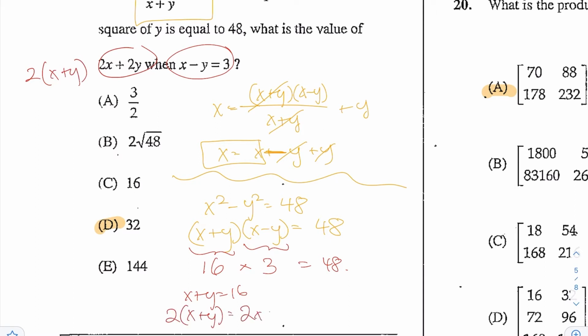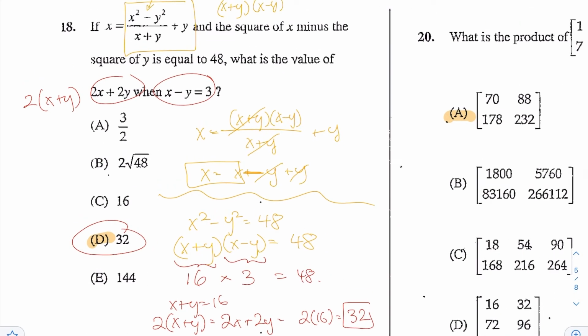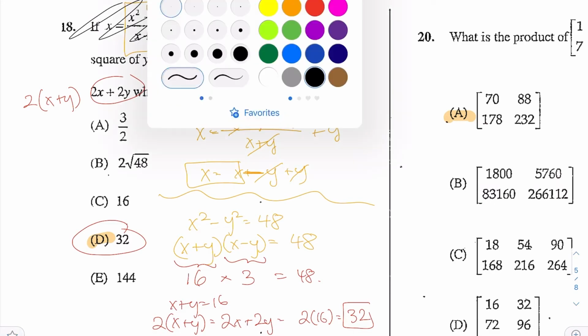That's going to be equal to 2 times 16, or 32. So the answer is choice D. Again, that first part, don't get thrown off. That first part's actually totally useless, so you didn't need this piece at all. That equation just tells you that x is equal to x, which you obviously know.